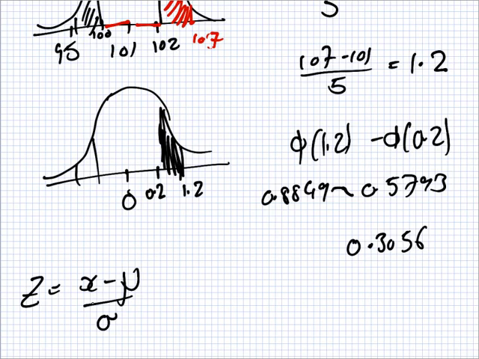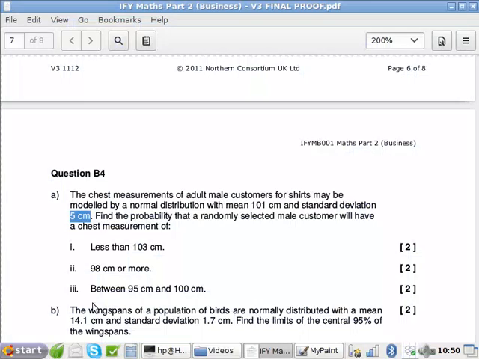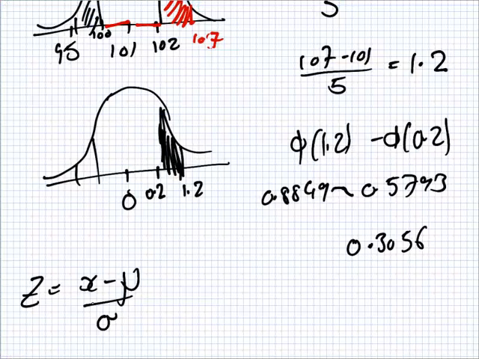Type in 95 minus 101 divided by 5. Fine, okay, so you get the same answer. Agreed? Agreed, right.